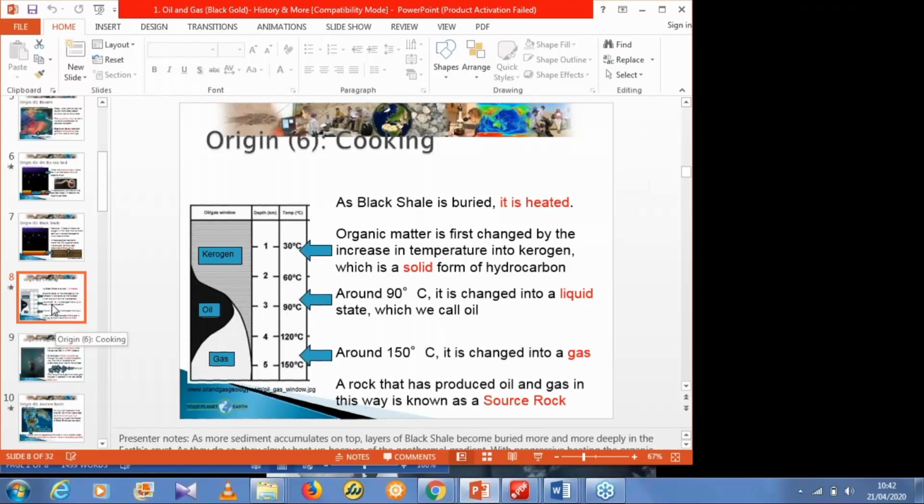We have zooplankton, which is the animal plankton, and we also have phytoplankton, or plant plankton, which is the plant type. These are organic matter. So we've talked about the different stages of their formation.